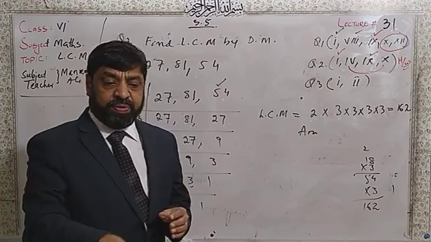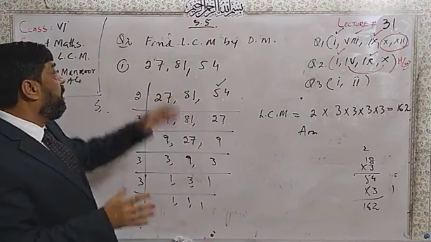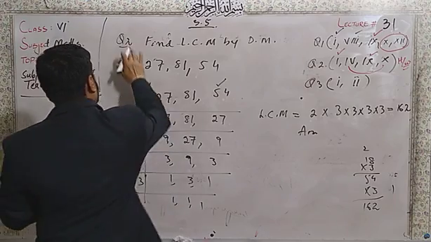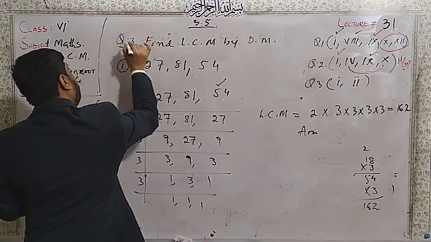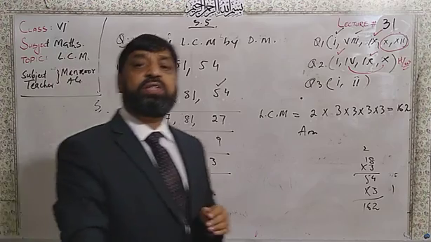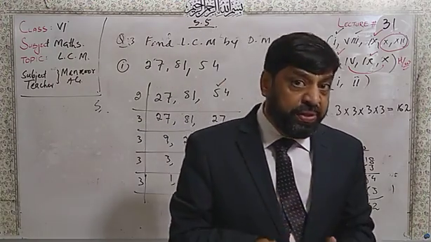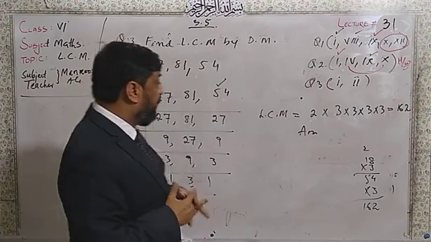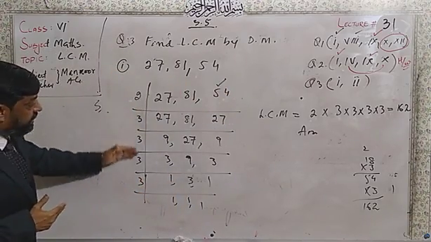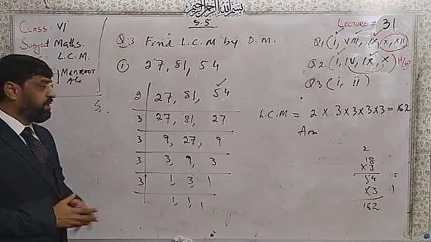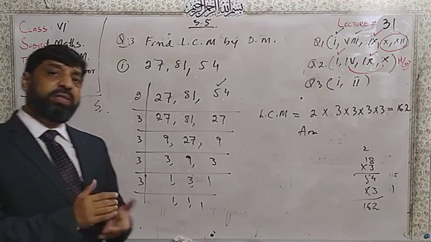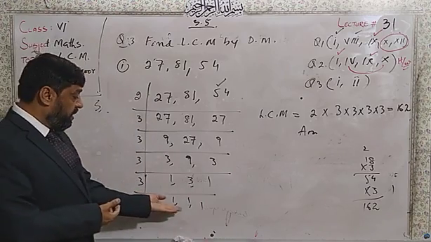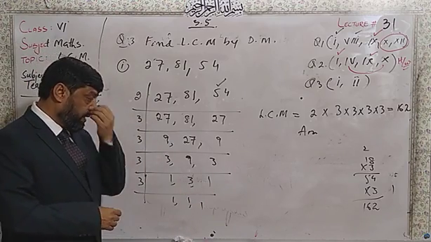This was question number 3 about the LCM, and we introduced the division method to find LCM. This is the division method. All the numbers we write together, start the factorization from the smallest prime number till you get all the numbers 1, 1 and so on.